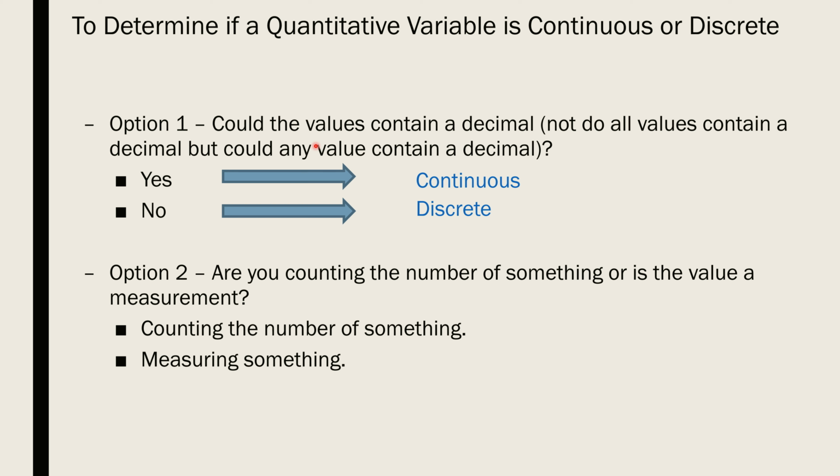Option 2. Are you counting the number of something, or is the value a measurement? If you are counting the number of something, then it is a discrete quantitative variable. If you are measuring something, then it is a continuous quantitative variable.